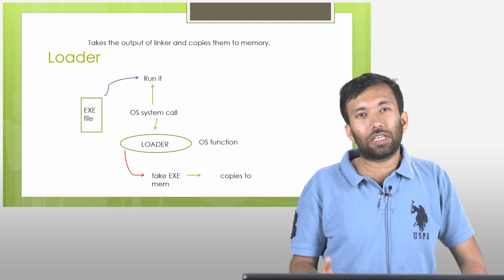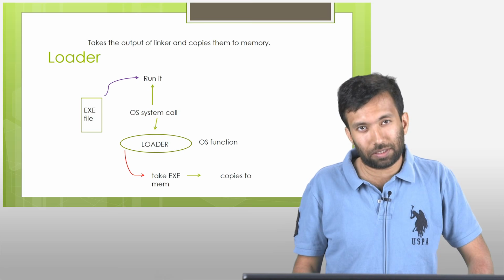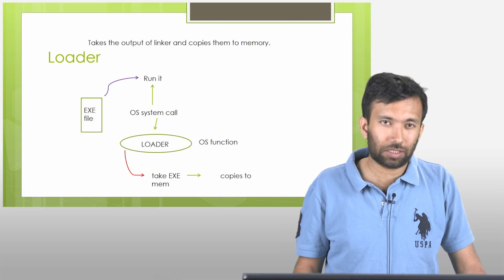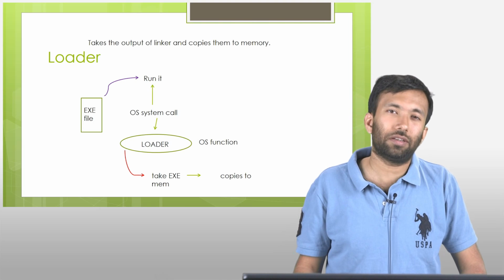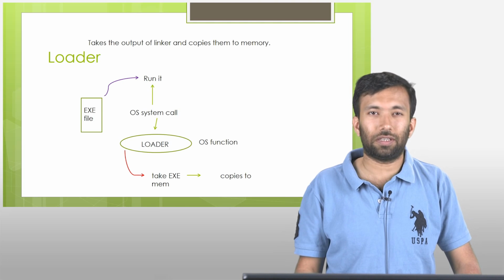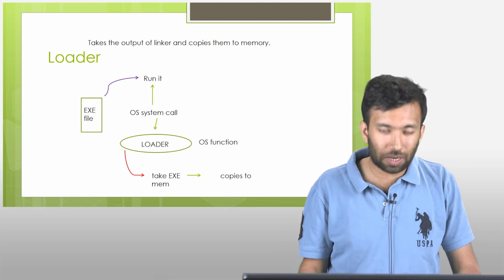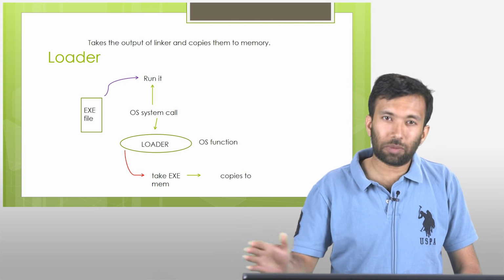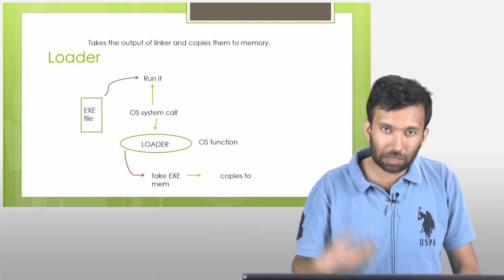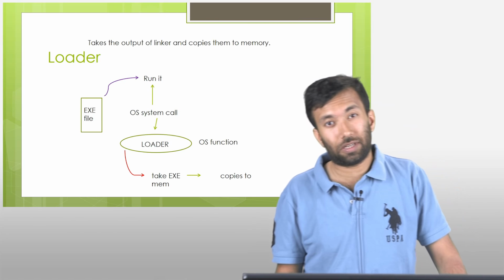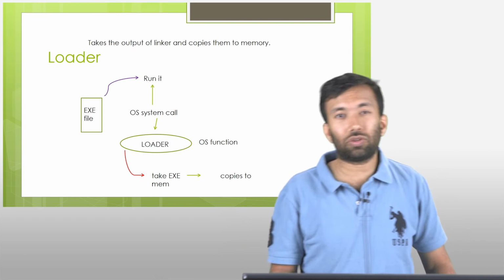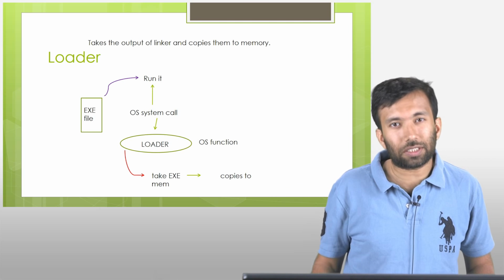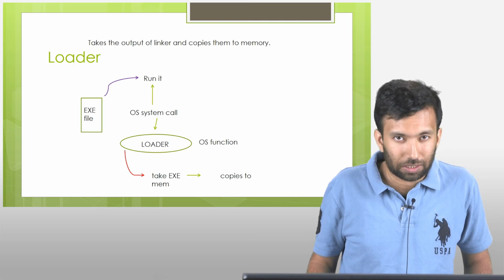So the output of the linker is an exe file. That exe file has the symbol table and relative addresses. You cannot run the exe file. You have to give the loader the exe file. The loader takes the exe file and then it invokes the memory management unit, gets some actual physical memory for that program, stores the program into physical memory, updates all the relative addresses into physical addresses.